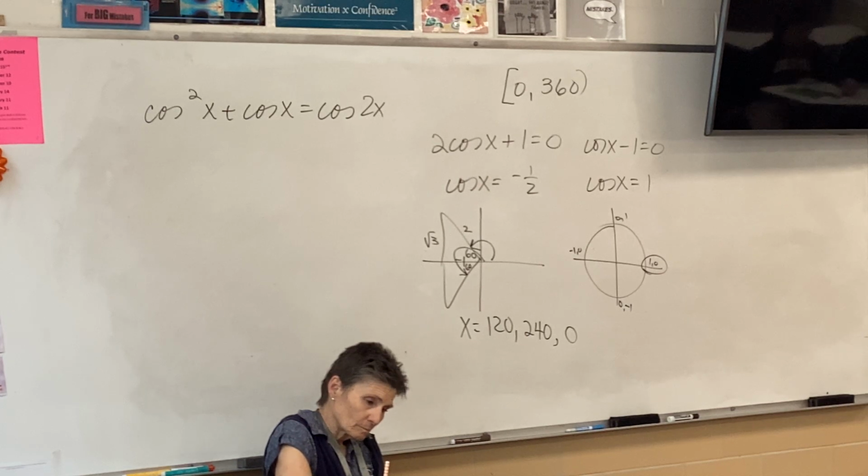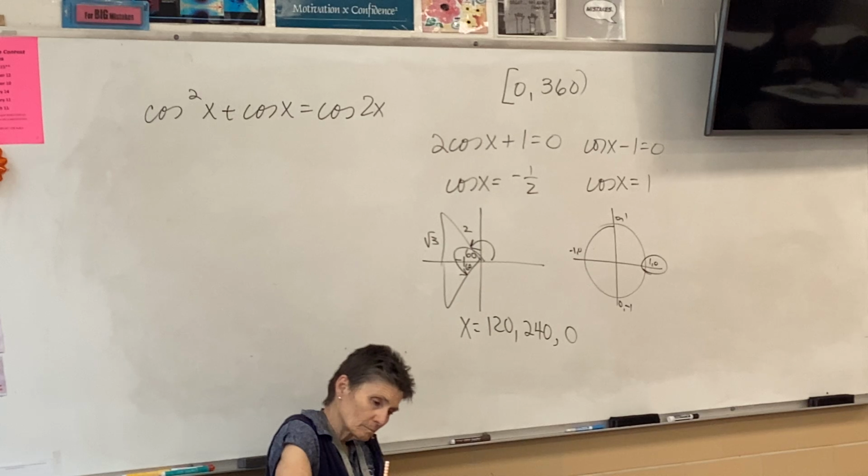And I think we can factor. What's your equation? Negative cos squared x plus cos x plus 1. I think it'd be minus and plus. Okay, factor that back out.